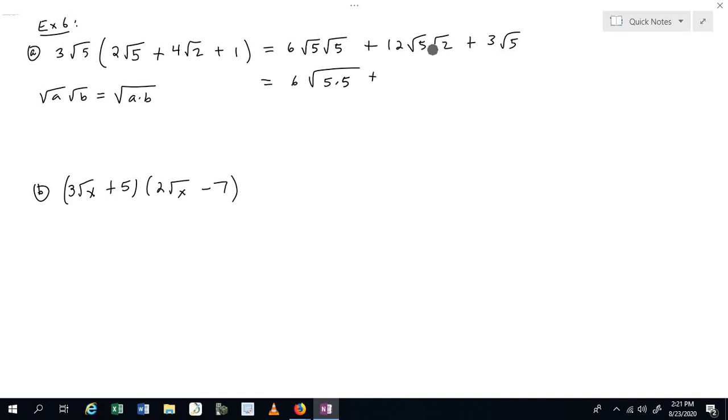It's the same thing here: 12 times the square root of 5 times 2. And of course the square root of 25 would be 5. So you just get 6 times 5 there. This is the square root of 10.